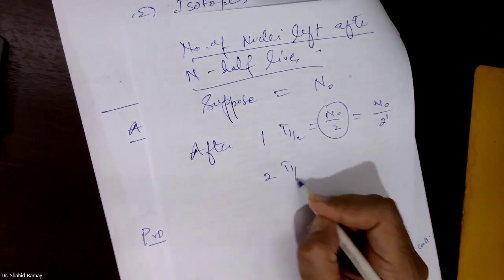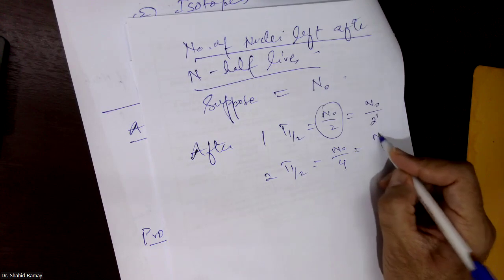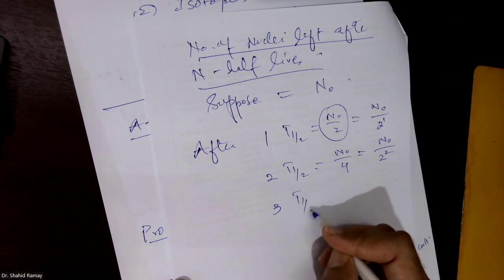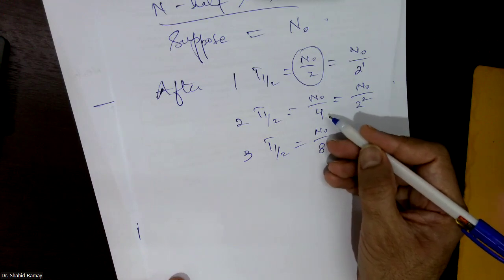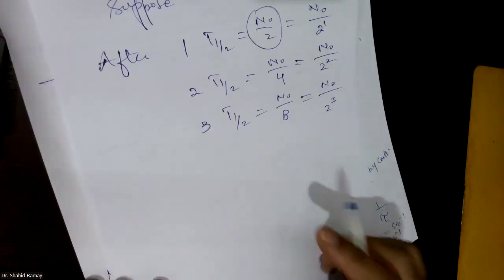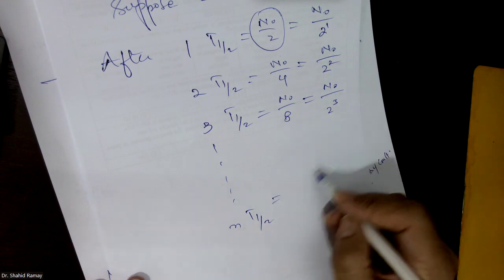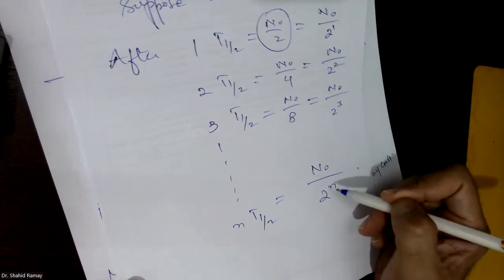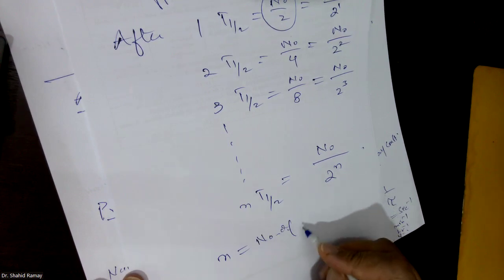The second half-life means N naught over 4, which you can write as N naught over 2 raised to power 2. For the third half-life, it is half of this one, N naught over 8, so N naught over 2 raised to power 3. In this way, for n half-lives, it will be equal to N naught over 2 raised to power n. Here small n represents the number of half-lives.